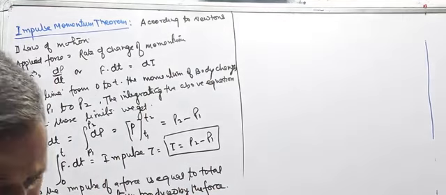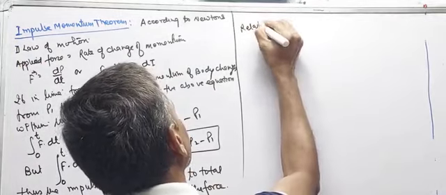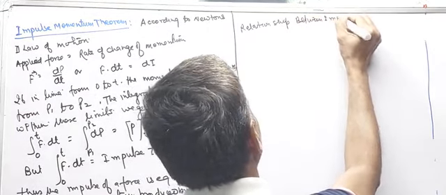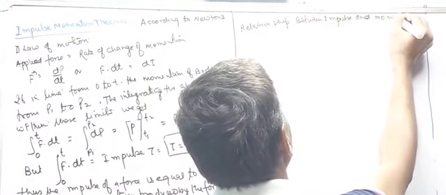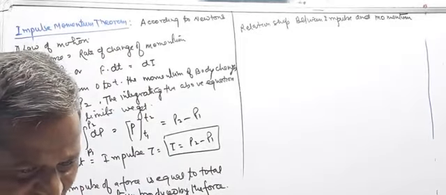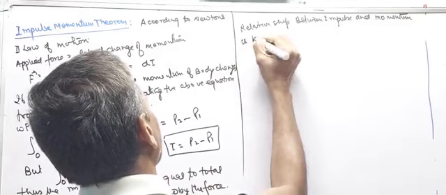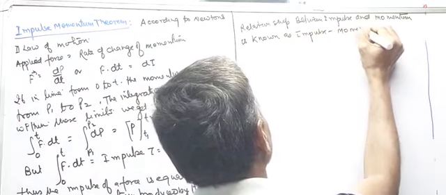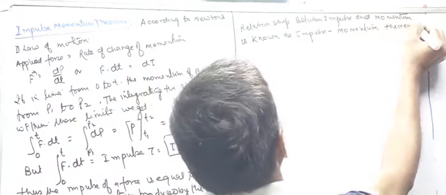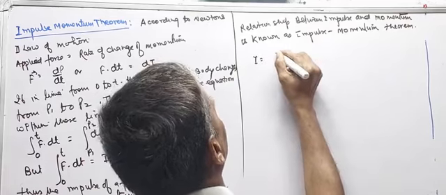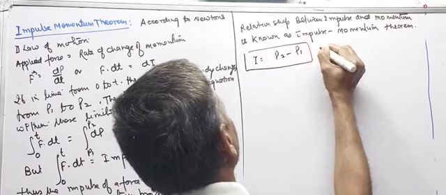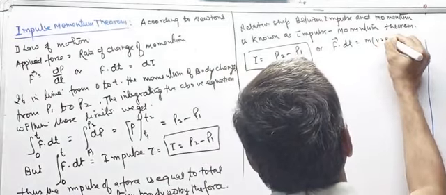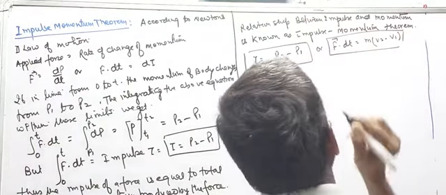This relationship between impulse and momentum is known as impulse momentum theorem, that is I equal to P2 minus P1, or F dot dt equal to m v2 minus m v1.